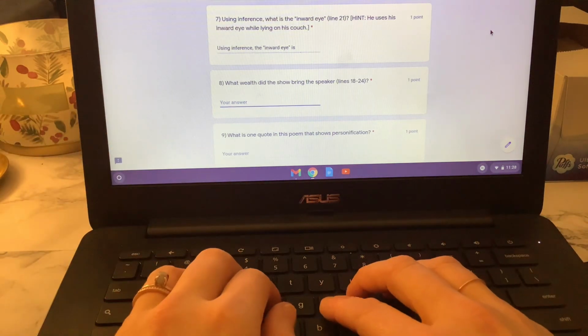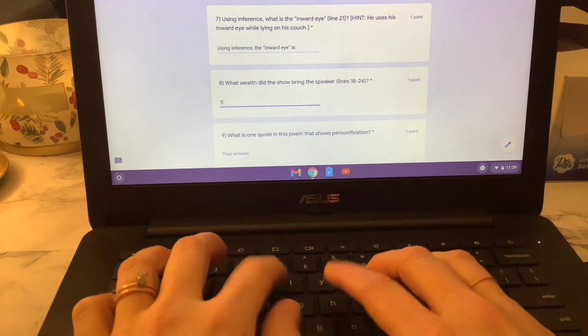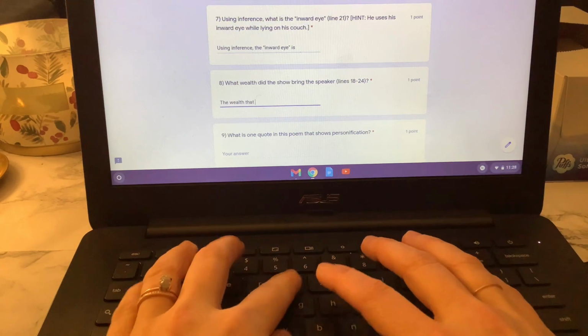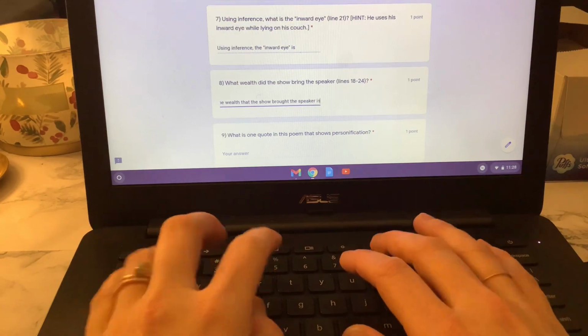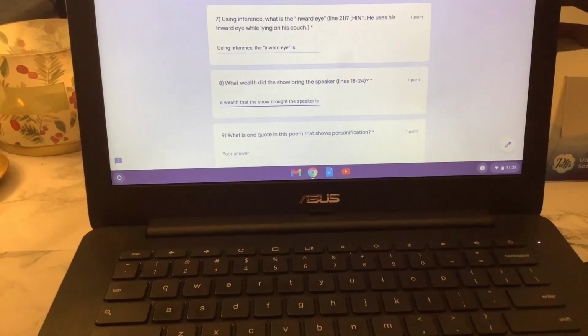So number 8 says, what wealth did the show bring the speaker? The wealth that the show brought the speaker is blank. So this is really getting at the entire last stanza of the poem, right?